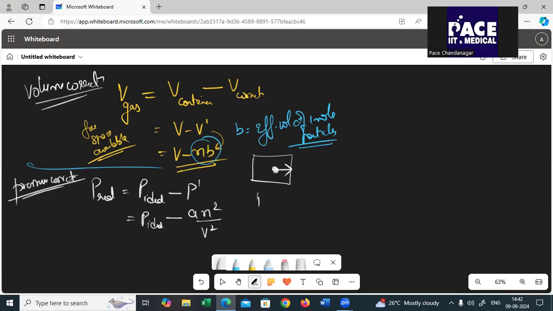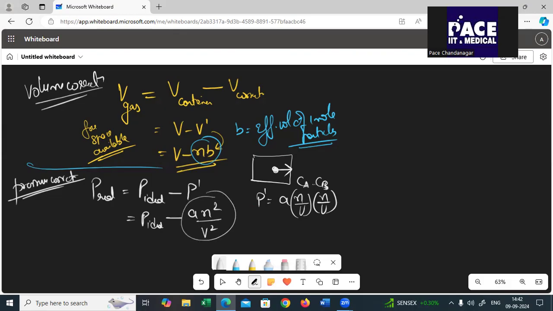Because P dash is a times n by v times n by v. This is the concentration of particle A times the concentration of particle B, although we are talking about the same molecules, one molecule to the other. Concentration is moles by volume, so that will be your a n square by v square.